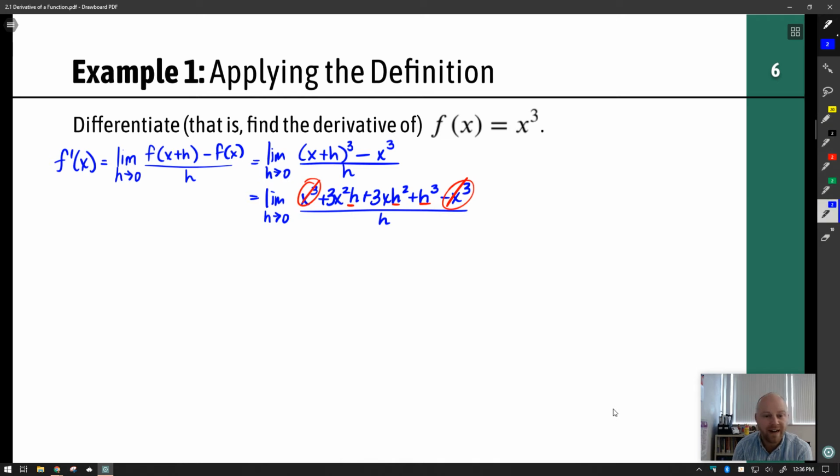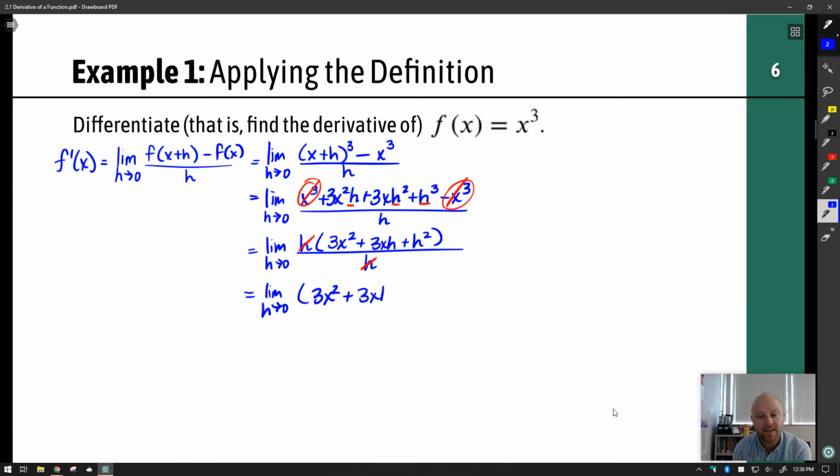So I think we'll factor that h out. So now we have the limit as h goes to 0 of, factor out the h, have left over 3x squared plus 3xh plus h squared, and that's all over an h. Well, since we factored out that h, it's going to cancel with the one below, and that leaves us with then the limit as h goes to 0 of 3x squared plus 3xh plus h squared.